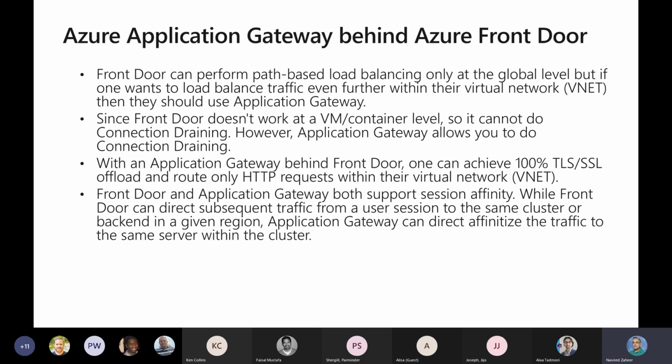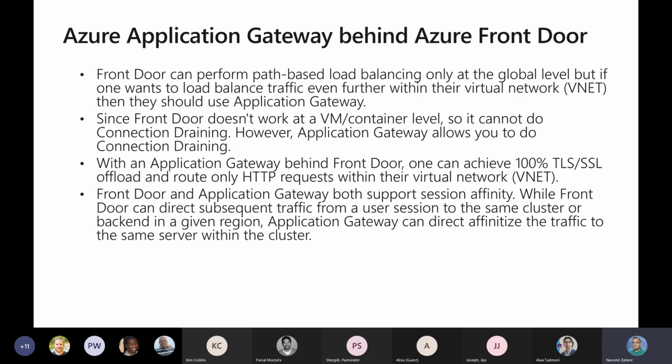Maybe you don't need it, because if you are not using any type of connection draining, and the private endpoints that you're hosting behind the scenes belong to an app service, a storage account, or an internal load balancer, because these are the three private endpoints that are supported behind a front door, then you are okay.